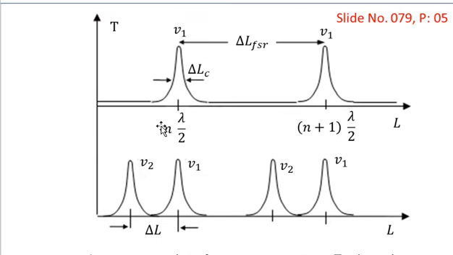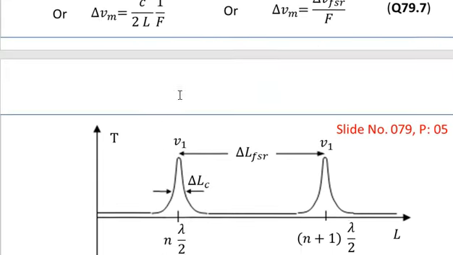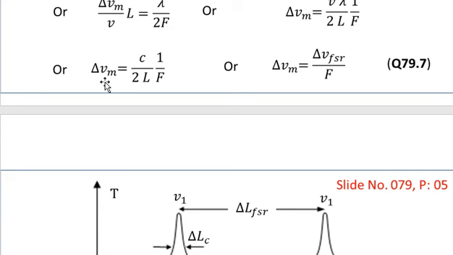So this is what we have expressed, and we have also given the conditions under which nu1 and nu2 can be resolved, and the minimum separation between nu1 and nu2, which we represented as delta nu m. So what are the conditions under which delta nu m can be resolved, and under what conditions can it be improved? That is, the resolution of the interferometer can be improved so that you can resolve the two closely lying frequencies. This is what we have discussed in the topic.